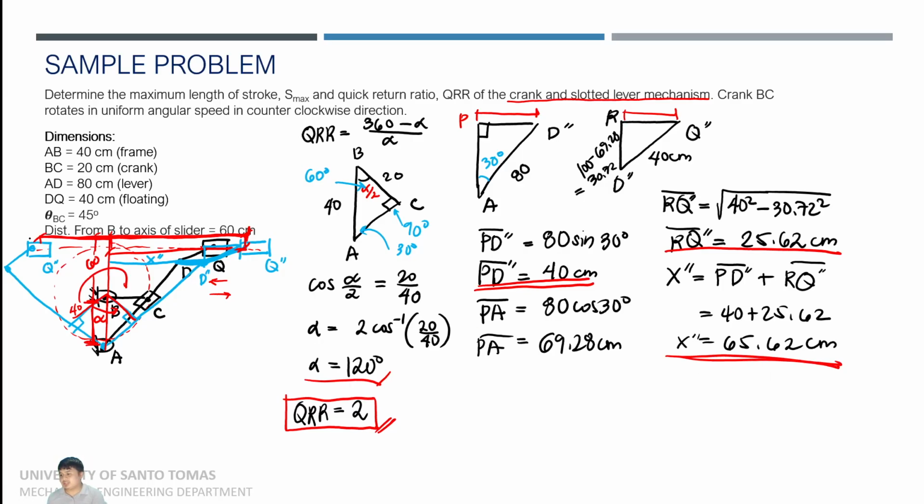We also want to determine this portion right here, no? Because we only determined this portion, which is x double prime, we want to also determine this portion right here, which is x prime. For that one, we can solve it as well.